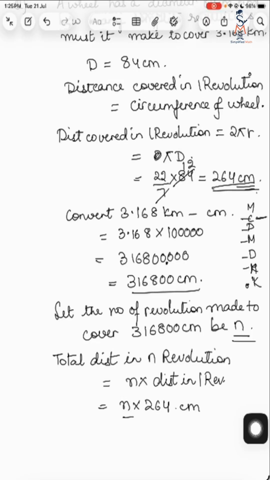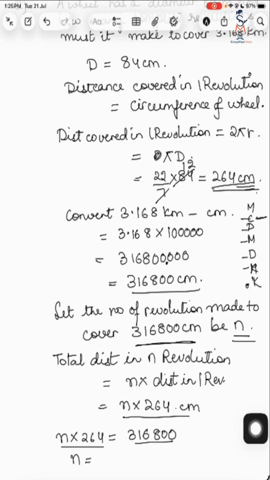Now this total distance has to be equal to this distance, 316800. Then what will be the relationship? n into 264 has to be equal to 316800. This is the total distance covered in n revolutions and that has to be equal to 316800.